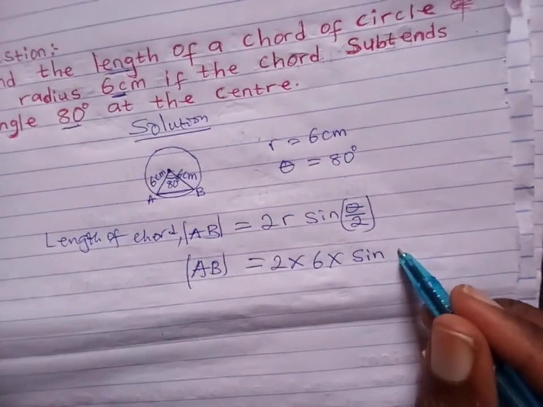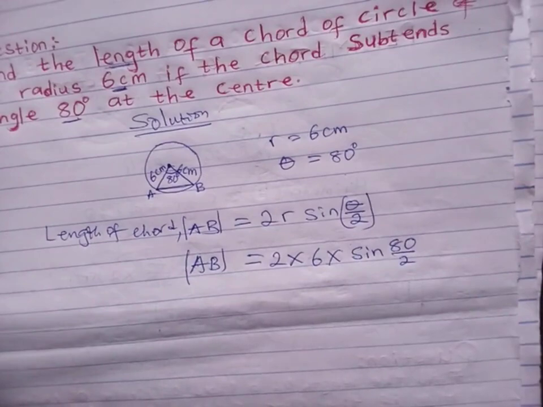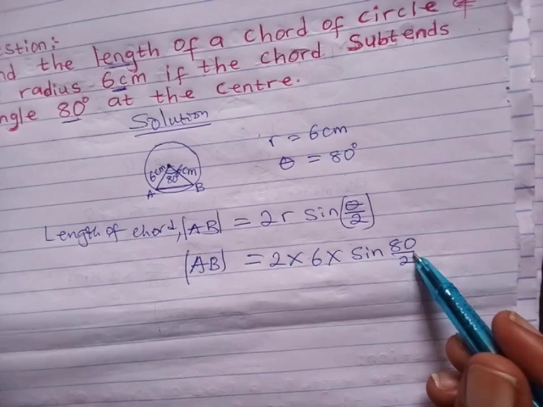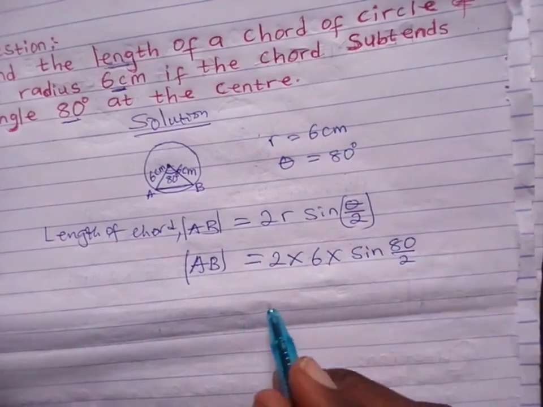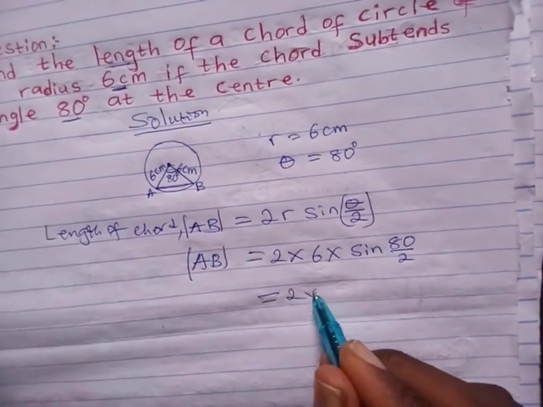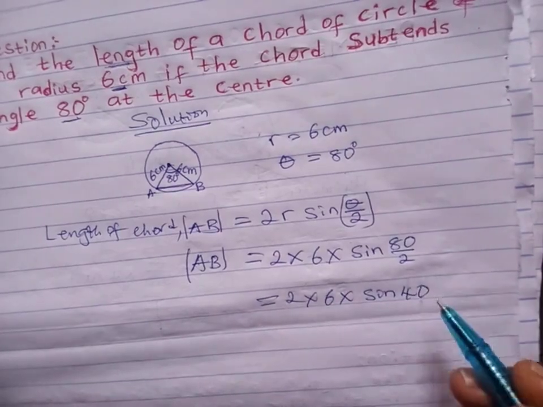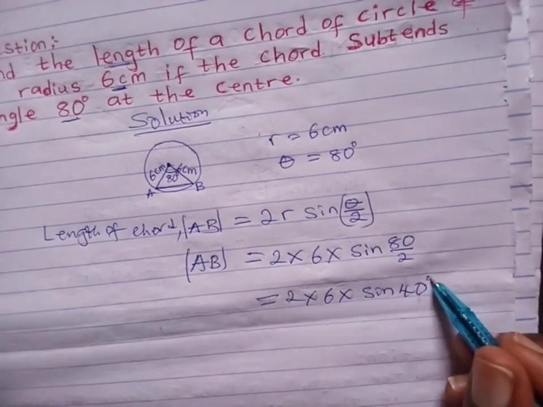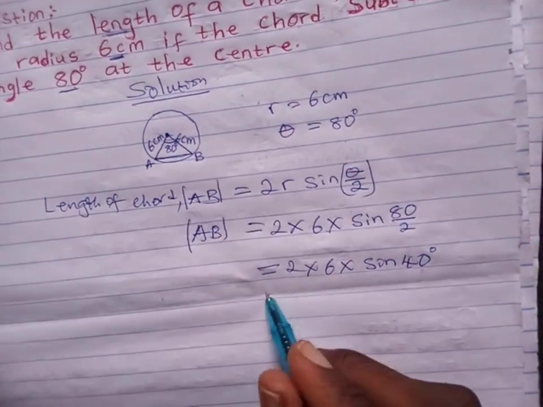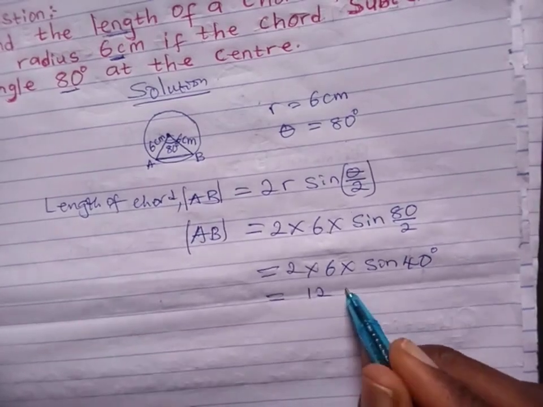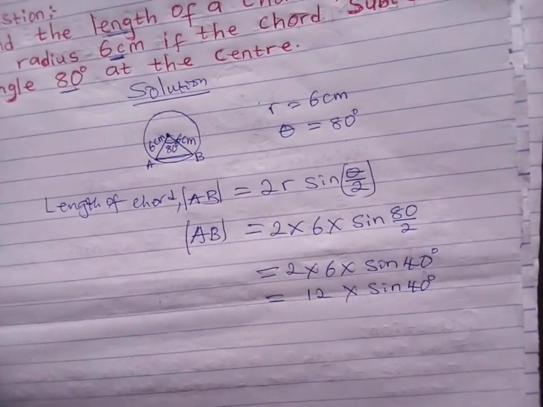So we divide it by 2, which is 80 over 2. Of course, 80 divided by 2 is giving us 40. So it follows that 2 times 6 times sine 40 degrees. So 2 times 6 is giving us 12 times sine 40 degrees.